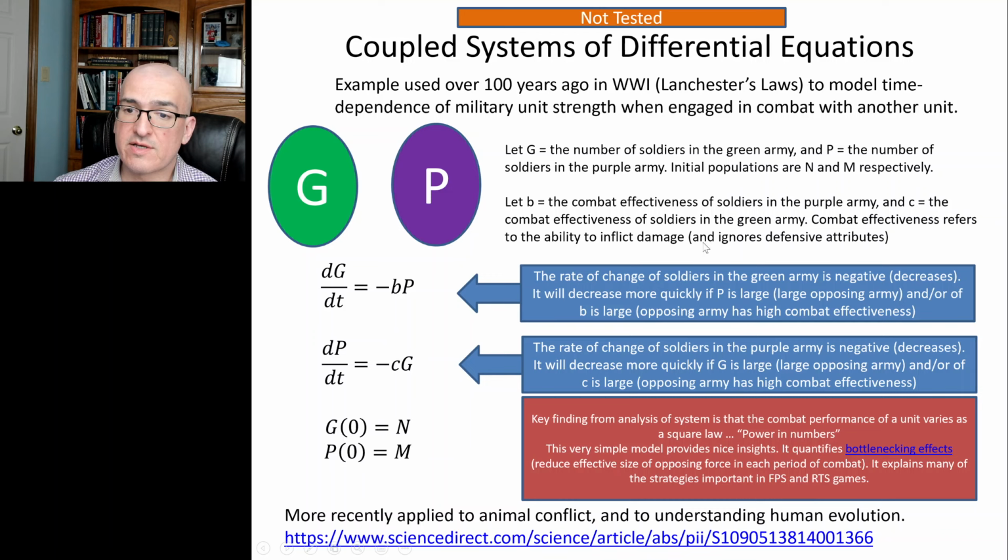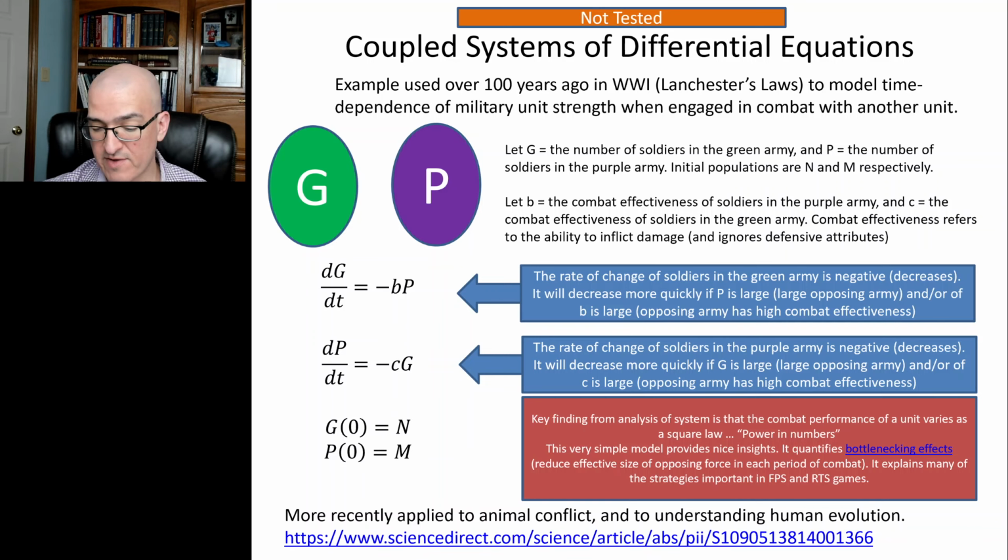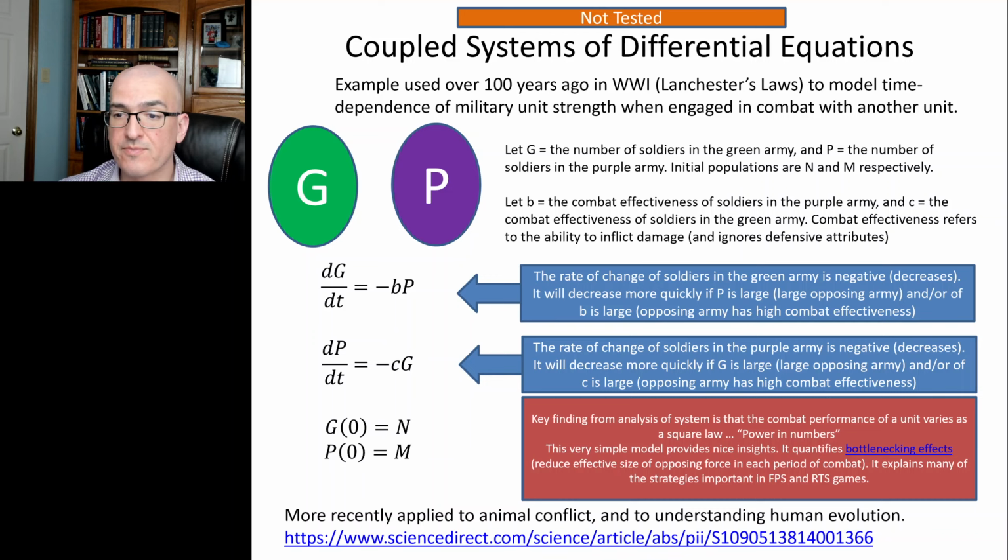A striking way that this is seen in historical battles and battles today is in something called the bottlenecking effect. If you click that link, it'll give you a YouTube video of a fellow that describes this bottlenecking effect and describes this square law very nicely. I invite you to look at that.